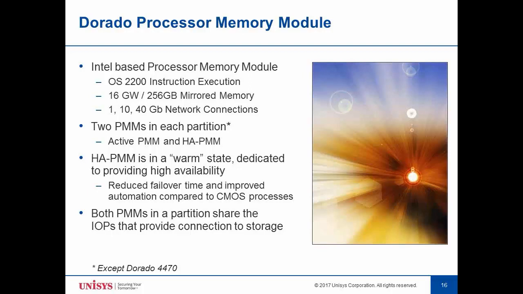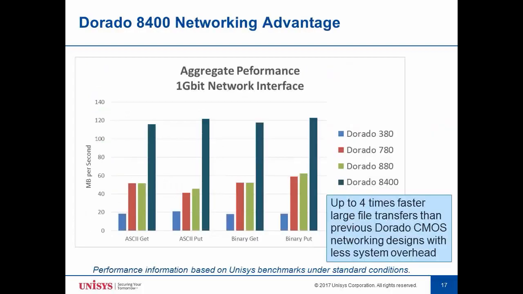Now, part of the whole fabric infrastructure allows those PMMs to automatically be connected with the IOs as in the Dorado partition. This chart shows a little bit of the high performance that we can get out of the networking that runs through the PMM, showing some comparisons with the prior designs of the CMOS platforms.